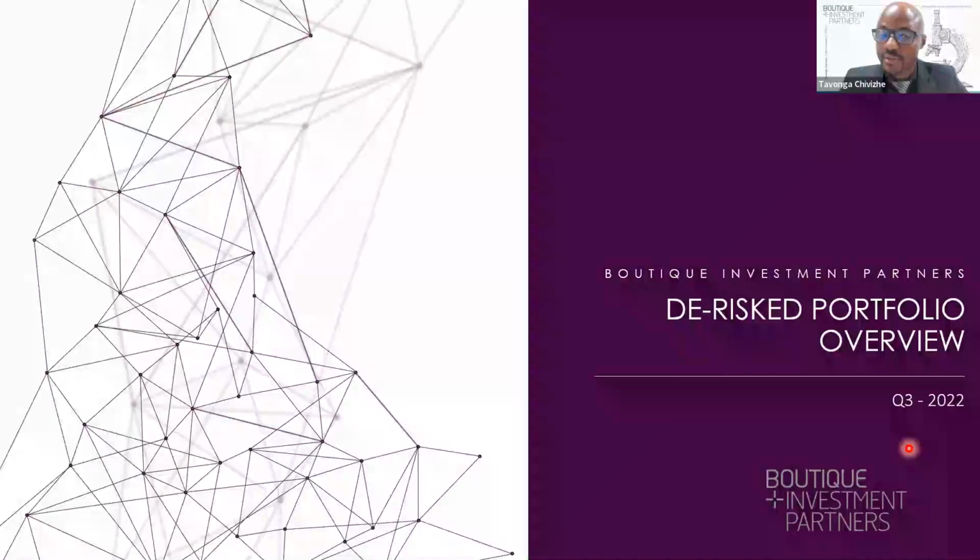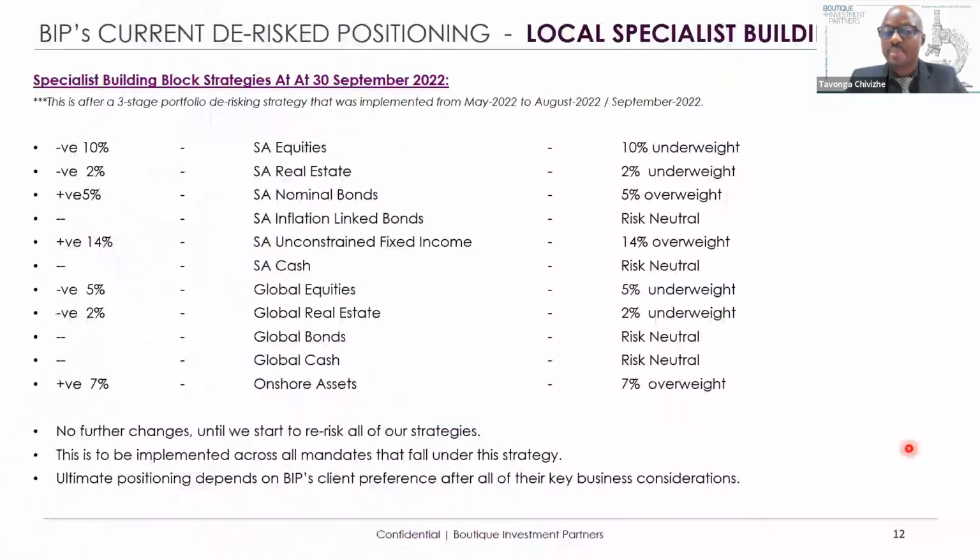So going back to Q3, when we started the de-risking process, our final portfolios pretty much looked like this. Not every client's portfolio looks like this because we do allow our clients to adjust our recommendations for their own risk appetite. But for all clients whose positioning is 100% aligned to the BIP house view, what you will find is that when we concluded this process, we were 10% underweight South African equities, the reason being that South African equities are a very cyclical idea.